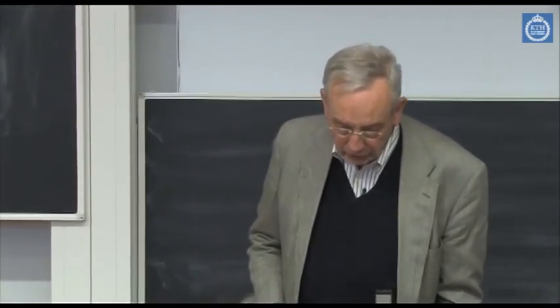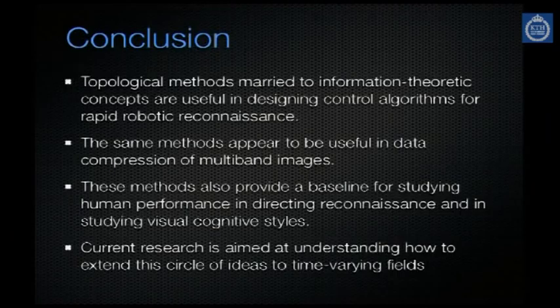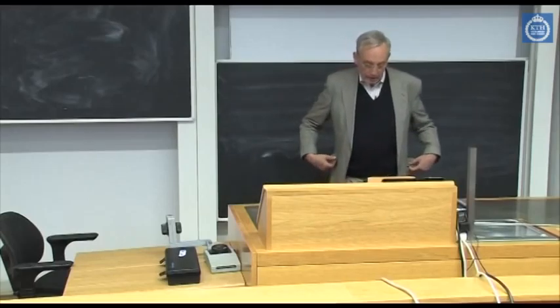So, okay, I should wrap up. It's close to the end of the hour. This is a sort of whirlwind tour of the kinds of things that we've been thinking about. But the idea of using information as a metric and as a performance goal for robots, I think, is an interesting one. And I think a number of people are starting to think about this in a number of different contexts.